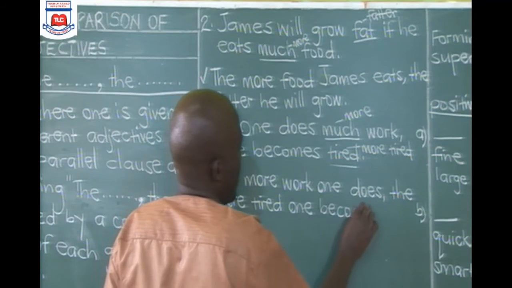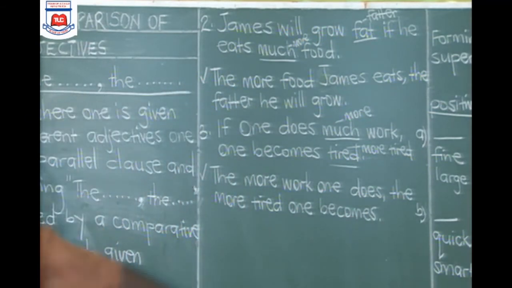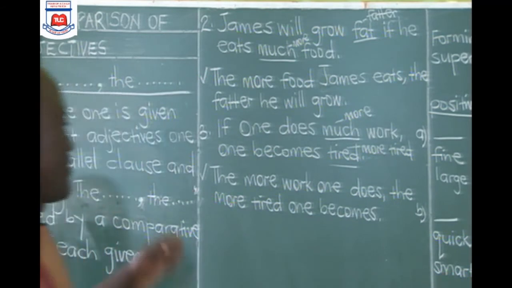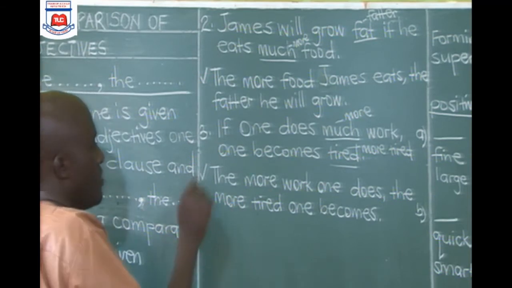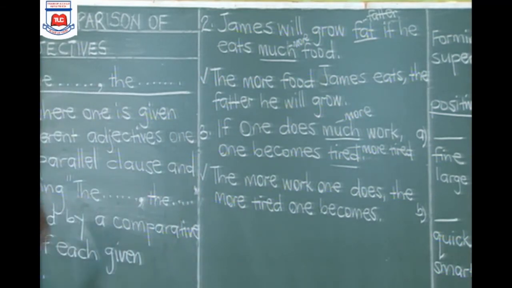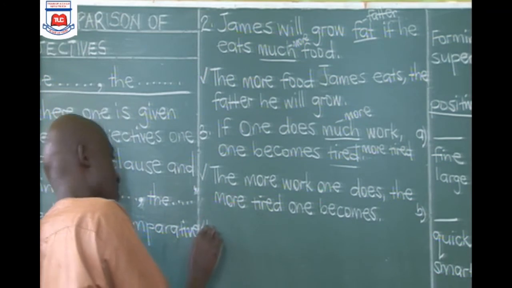Make sure your responses end with verbs. The more work one does, the more tired one becomes. Be careful with the comparatives of the given adjectives. Let's look at the next example.